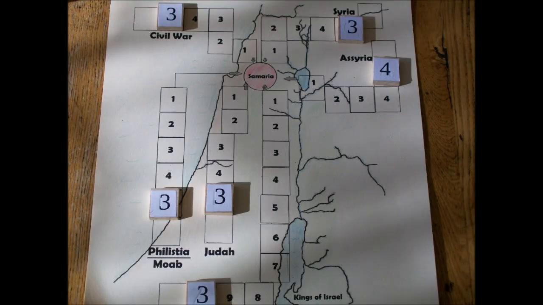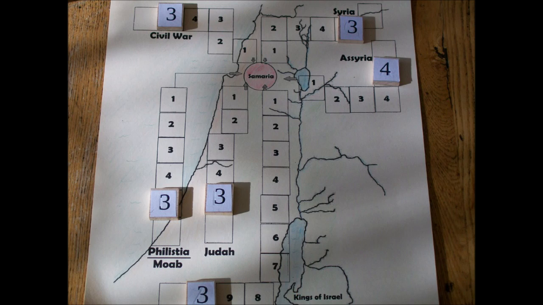On the map, I basically have a kind of hand-drawn map of the Fertile Crescent area, and I have the problems that were confronting the northern tribe of Israel. One problem that's evident is that they were always having infighting and civil war.